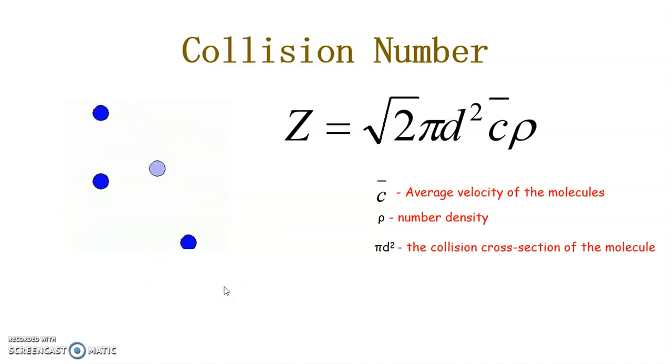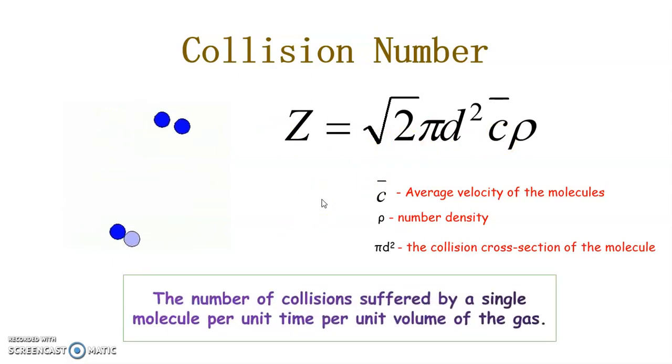Hence, this expression gives the definition of collision number as the number of collisions suffered by a single molecule per unit time per unit volume of the gas. Its expression is very important.